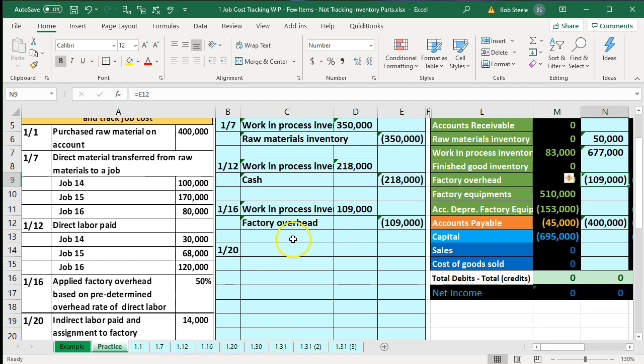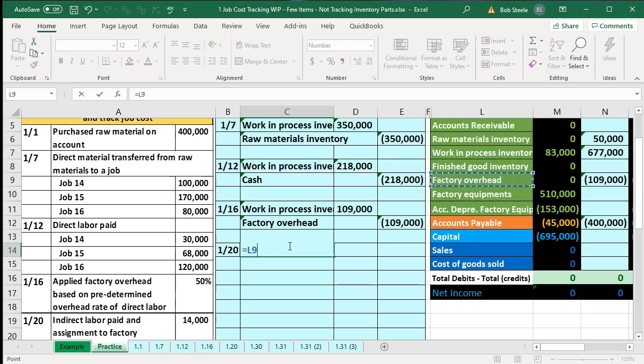So these are all the things that might increase the overhead account then. So we might have overhead related to the indirect labor. These might be things like people working on the warehouse within the job, or supervisor salaries that supervise multiple areas, or the janitorial service within the warehouse where we work on jobs. We don't know how to assign that work to the particular job. Therefore, we're going to put it into overhead and then use some kind of ratio, some kind of estimate to apply it to the job.